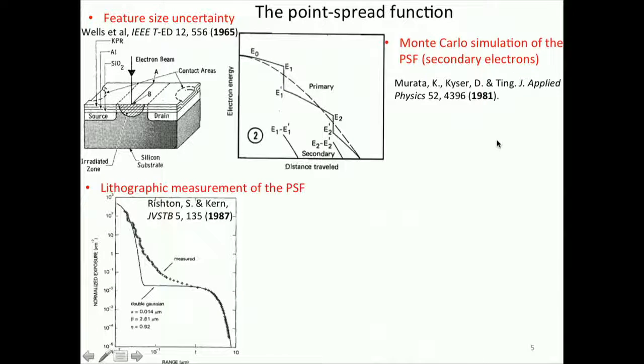Advancing a little more, you can see this nice work by Rishton and Kern, where they developed a technique to measure the lithographic PSF by doing single pixel exposures. So here is the PSF, or point spread function, in the resist.